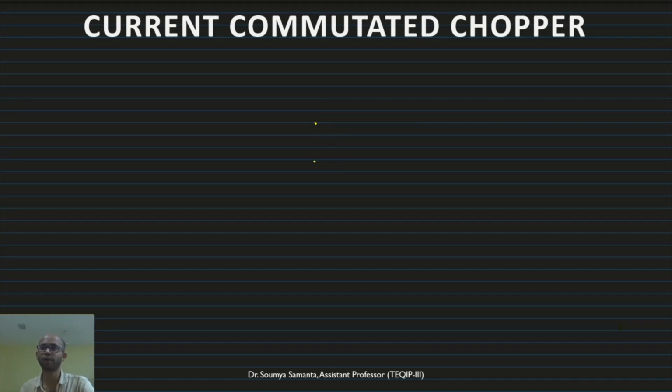So what we do in voltage commutation for the thyristor, suppose this is a thyristor, this is the gate circuit. Once we apply the pulsed gate current Ig, the thyristor starts conducting and the load current flows through this thyristor.